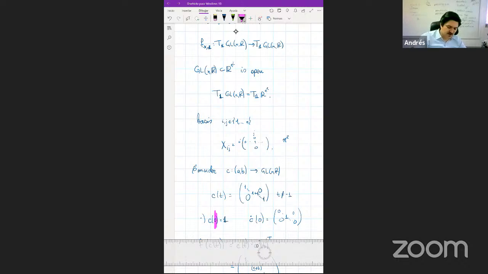Okay, so I have a curve here. At 0 is the identity, and the derivative is this vector. So in order to compute the push forward of this vector, I compose the function with the curve.